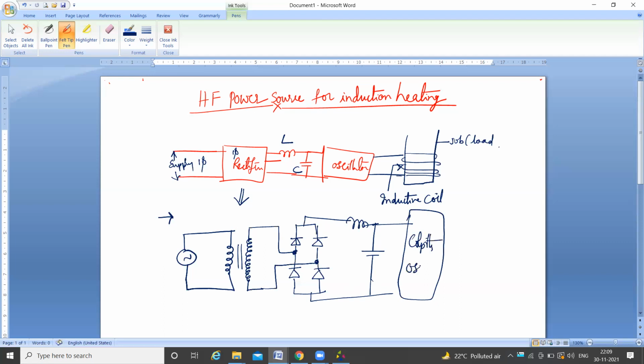Colpitts oscillator. And this Colpitts high frequency supply is given to the work coil.